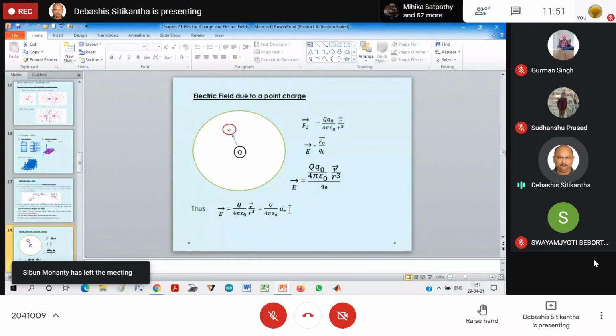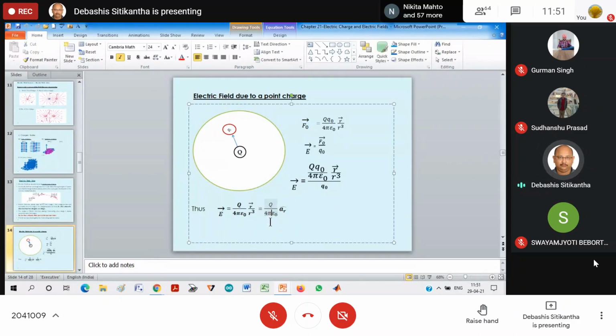Now the same expression Q by 4 pi epsilon 0, I have missed out an r over here, r square. Yes, it is r square.